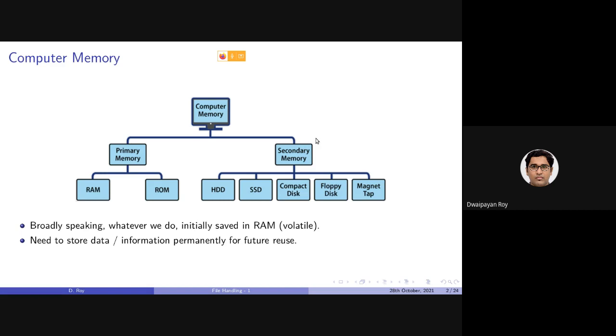As we know, secondary memory, that is our hard disk, maybe a CD drive or a pen drive as well. These are some examples of secondary memory where we can store the information, which will be retained even if there is a shutdown of the system, or if we plug off the device from the system.